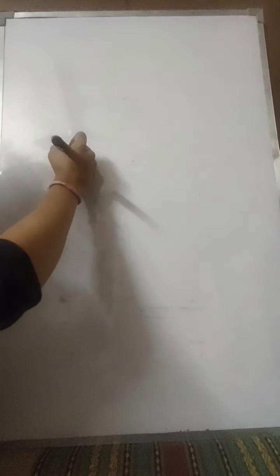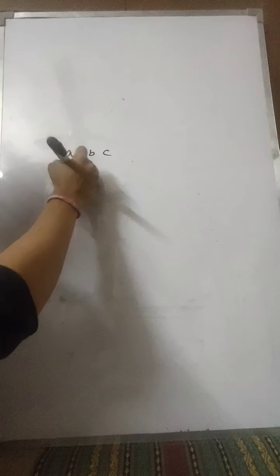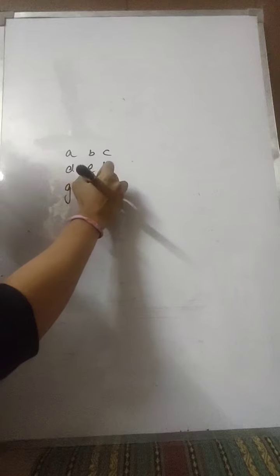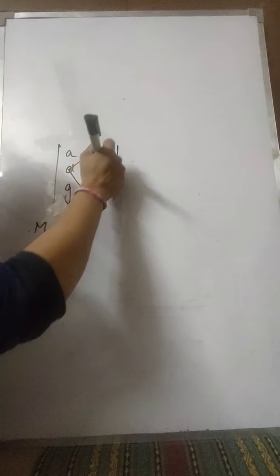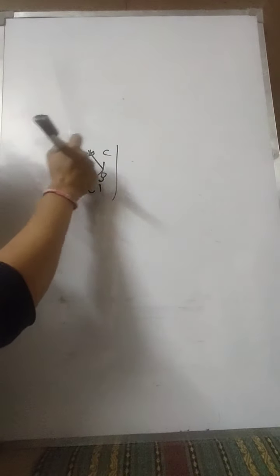Now how do we calculate with minors and cofactors? There is a very little difference in calculating minors and cofactors. For example, A, B, C, D, E, F, G, H, I, taking again this determinant. As I told you, we take diamond elements as negative.